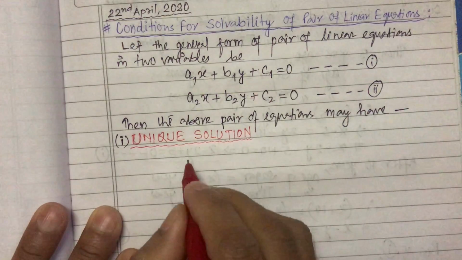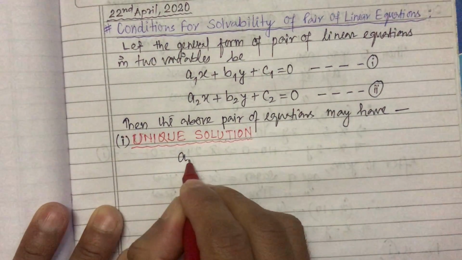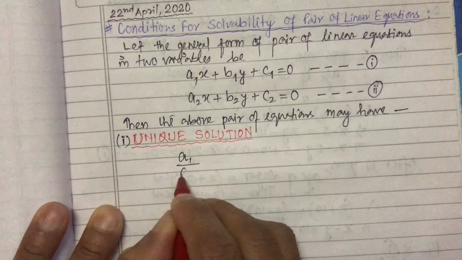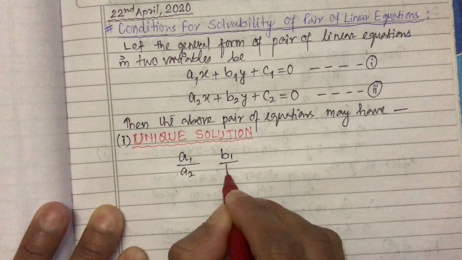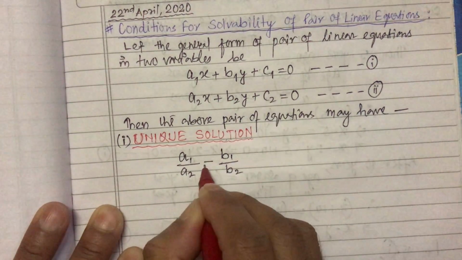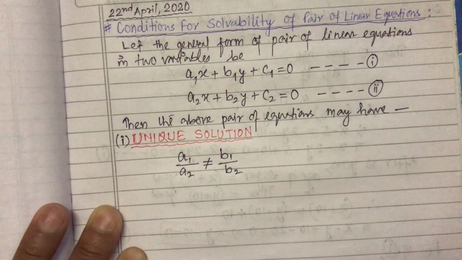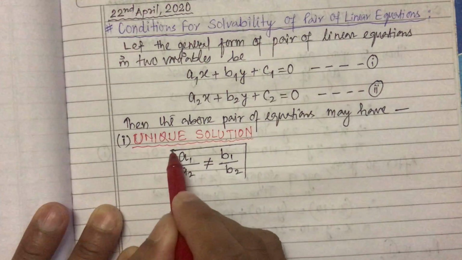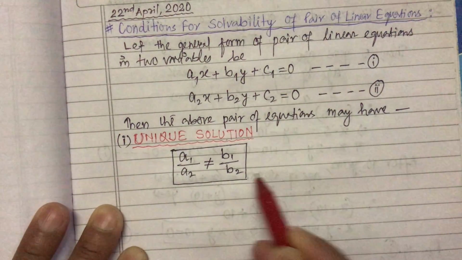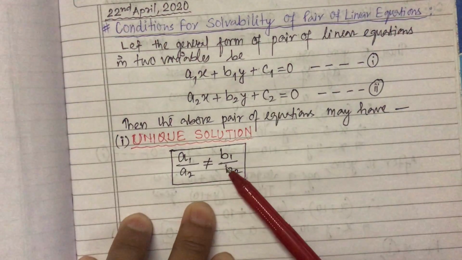For a unique solution, you must have a1 divided by a2 and b1 divided by b2 not equal. If these two are not equal, then we call this a unique solution. I'll explain this. a1, a2, b1, b2 are the ratios of the coefficients of x and y.